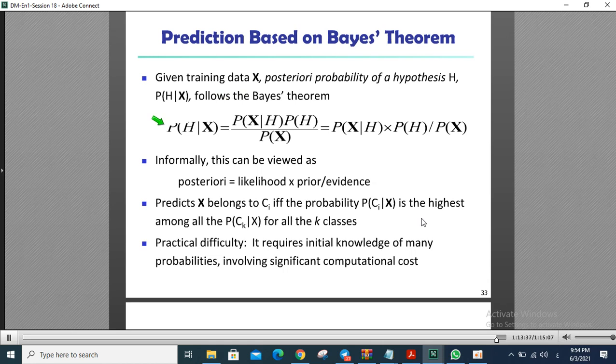You have seen these theorems and equations in the past. So simply I'm passing these equations. I'm passing the basic definitions.